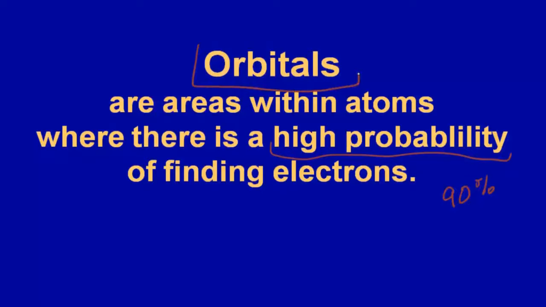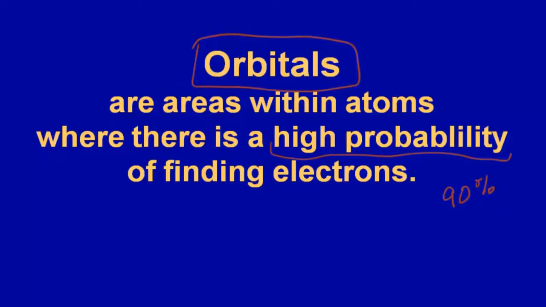Let's talk, before we go any further, very importantly about the word orbitals. It's an unfortunate word. It comes from the word orbit, which came from Bohr's idea that electrons orbit the nucleus like planets orbit the sun. And we know that electrons do not orbit the nucleus. And so the word orbitals is often something that can create a misconception with students.